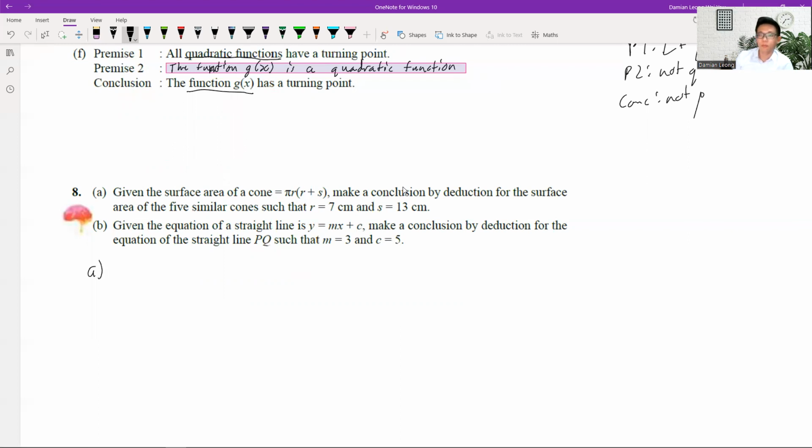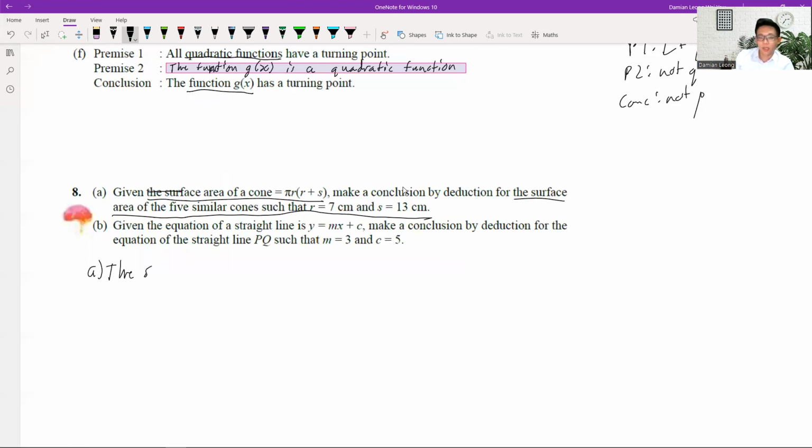Conclusion by deduction, basically we just use the information that they give you. Usually it's a formula, to find what they request from you, which is the surface area of 5 similar cones such that r is 7, s is 13.